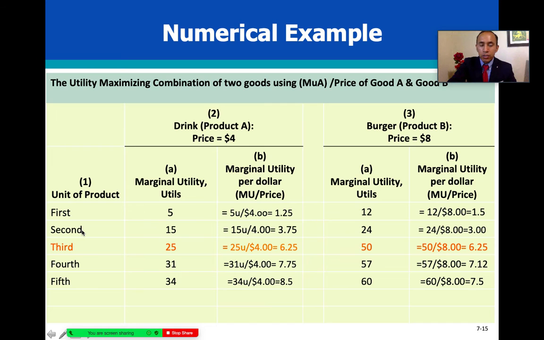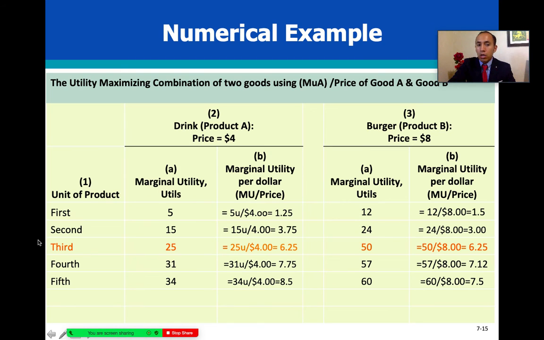Then you take a second drink that gives you a marginal utility of 15 utils of satisfaction divided by the price, and that gives you 3.75 satisfaction per dollar. Then the second burger has a marginal utility of 24 divided by the price of 8, which gives you 3 utils per dollar.